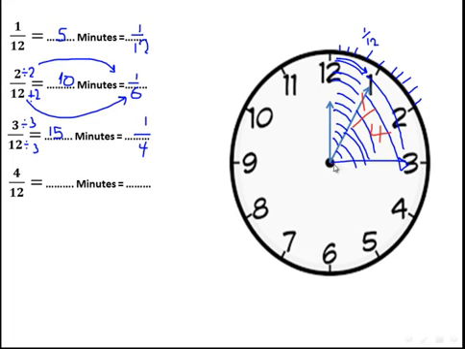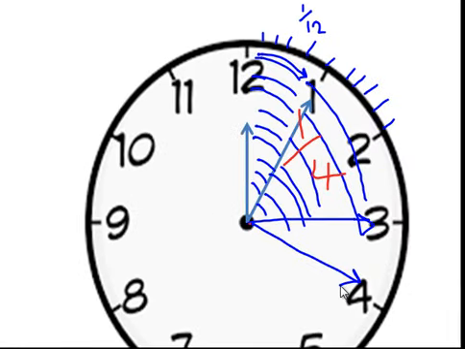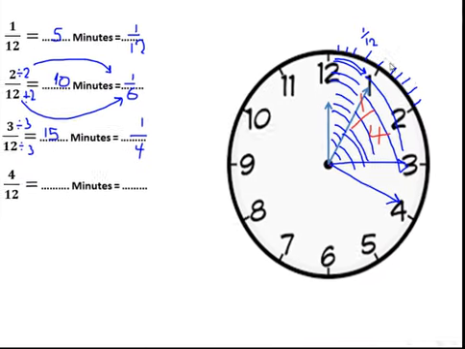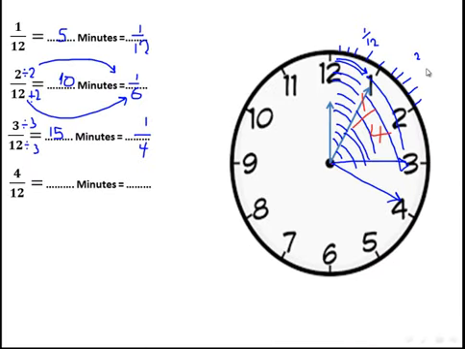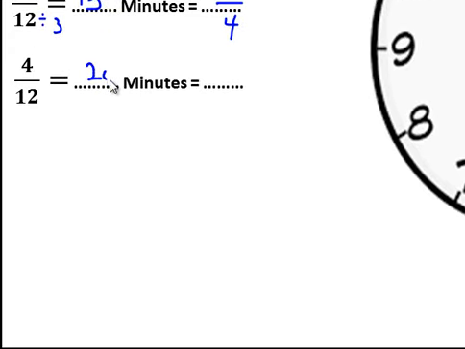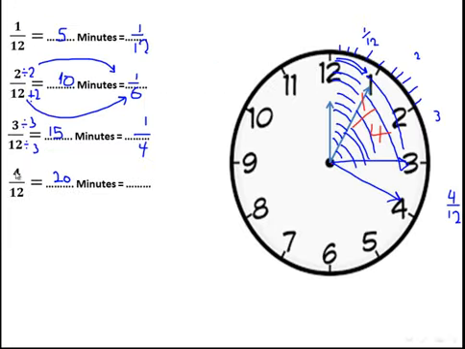When you want to complete to 4, 4 twelfths. Here 1 twelfth, 2 twelfths, 3 twelfths, 4 twelfths. Exactly 4 twelfths equal how many minutes? Great, 20 minutes. And 4 twelfths, when you want to write it in the simplest form, I'm going to divide it by what?